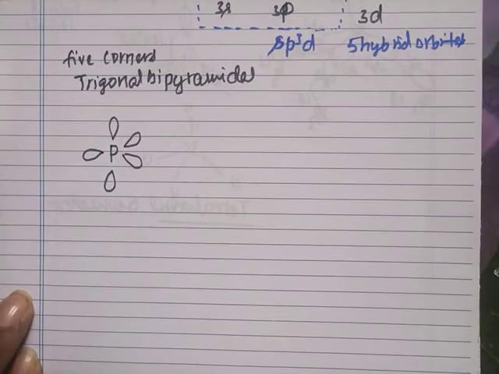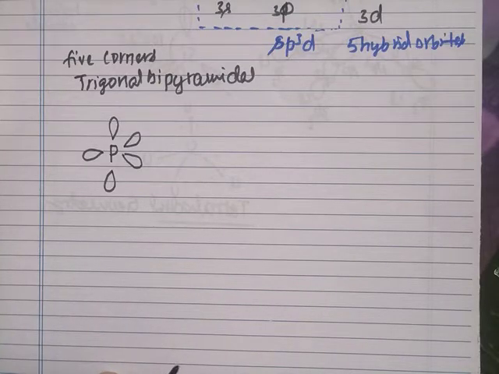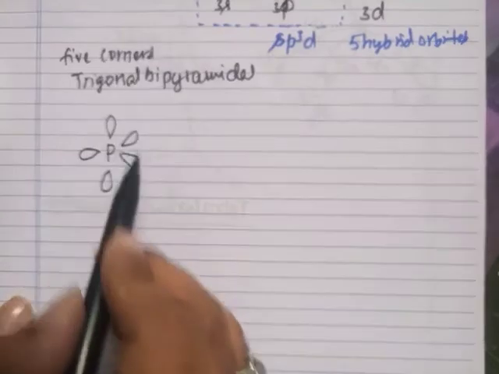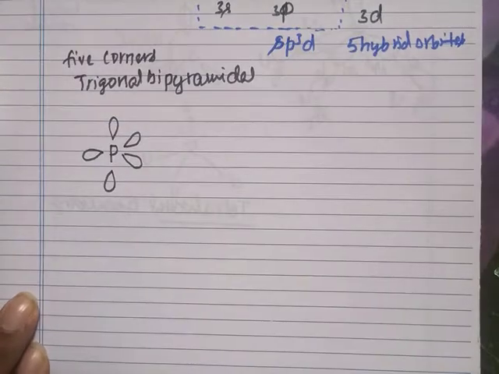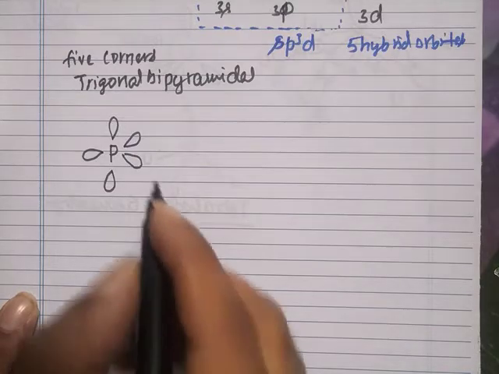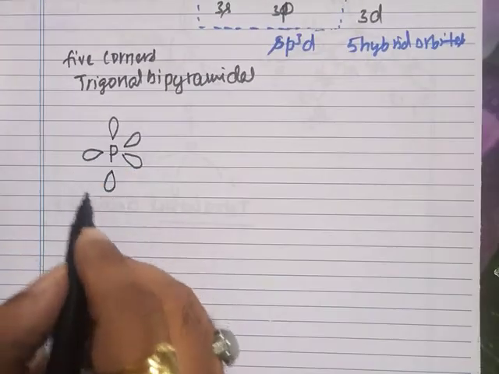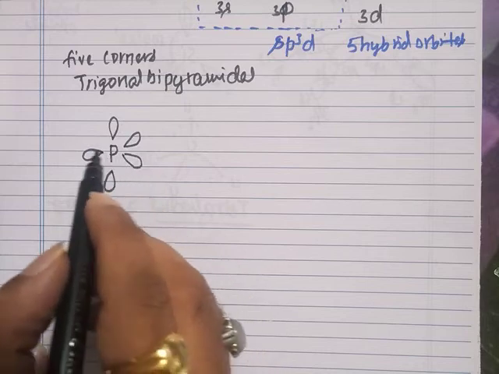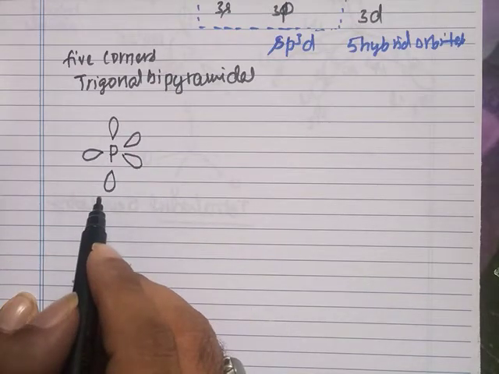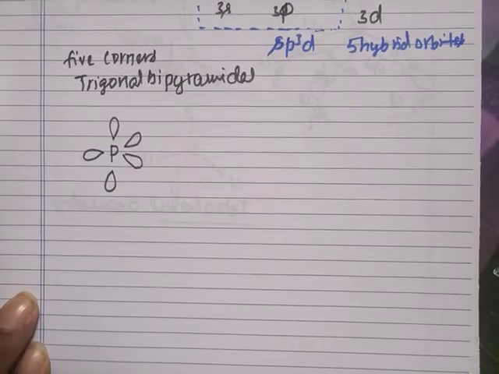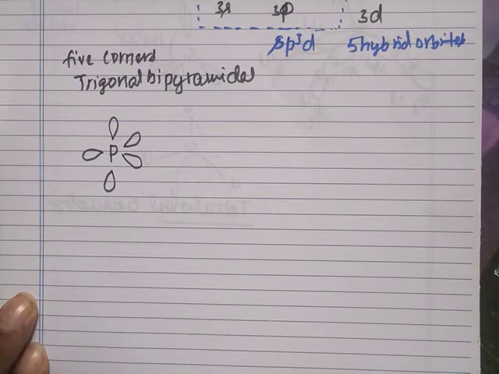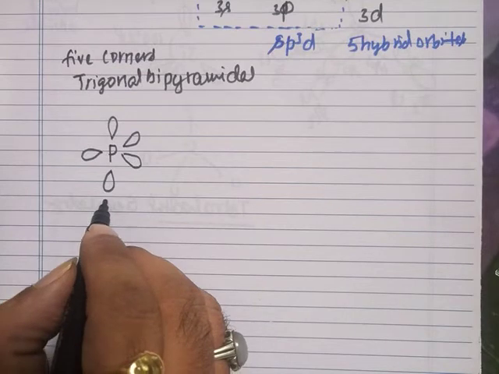So these are the 5 sp3d hybrid orbitals directed towards the 5 corners of a trigonal bipyramidal. These sp3d hybrid orbitals of the phosphorus will overlap with the pz orbitals of the chlorine atom, which contains an unpaired electron.